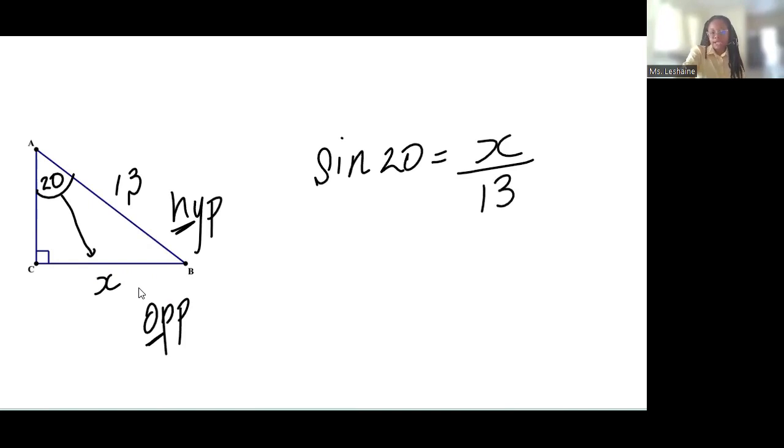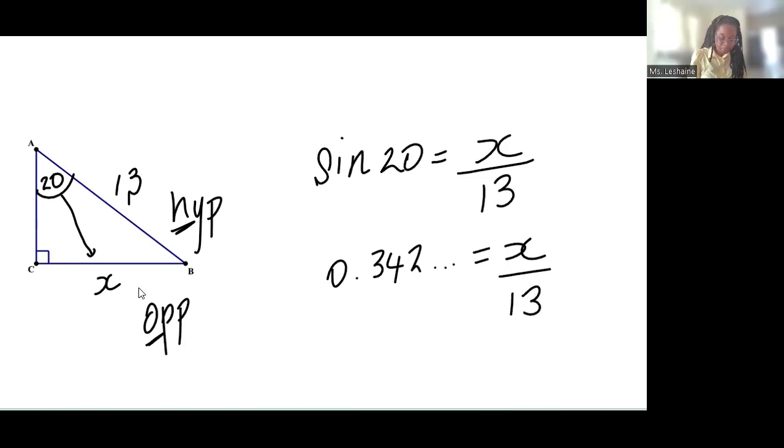If I go ahead and I find what sine 20 is, I will get 0.342 and it goes on. So that is equal to X over 13. I will now multiply both sides by 13 to get X is equal to 4.45. And this is just rounded because on my calculator, I have 4.446.